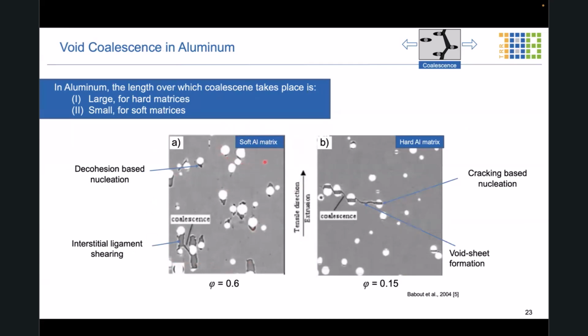You see in the soft aluminum matrix, we've reached a deformation degree of 0.6 to observe the interstitial ligament shearing, whereas for the hard aluminum matrix, already at a phi of 0.15, we saw the void sheet formation and also the cracking-based nucleation.